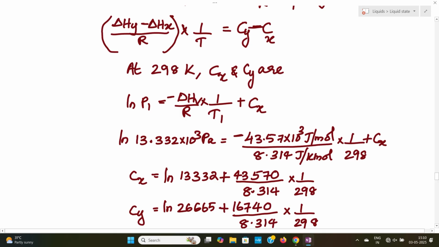In the question it was given in kilojoule per mole, here we converted that into joule per mole by multiplying with 10 power 3, divided by 8.314 joule per Kelvin per mole into 1 by 298 Kelvin plus Cx.